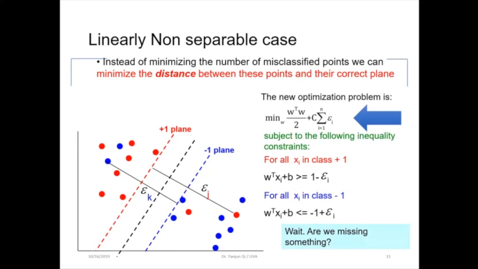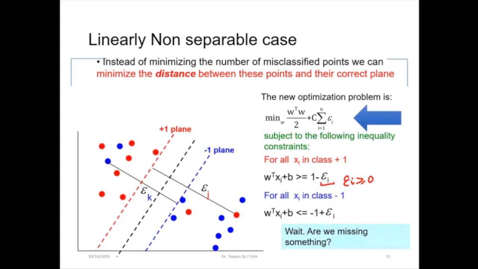So this epsilon should always be larger than or equal to 0. If it's already a nicely predicted sample, this equation is absolutely guaranteed.